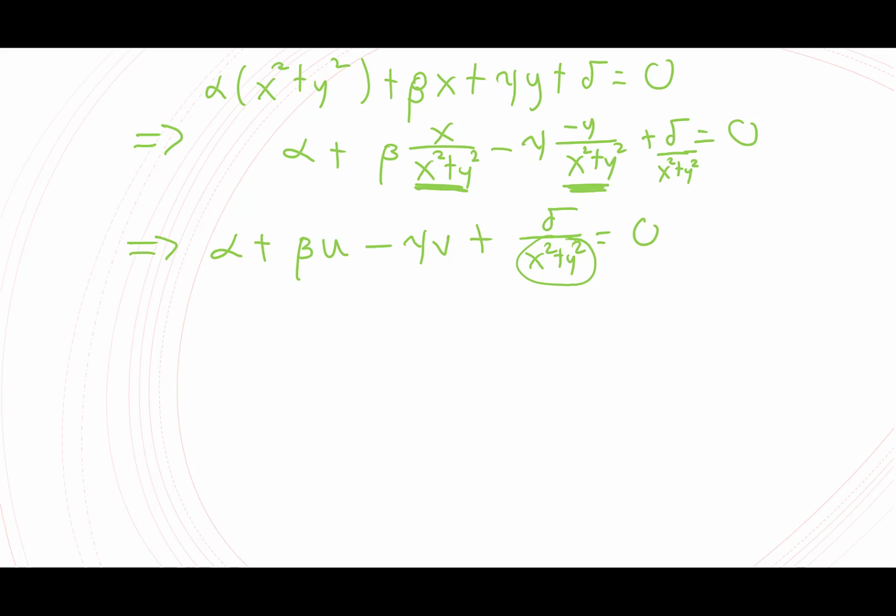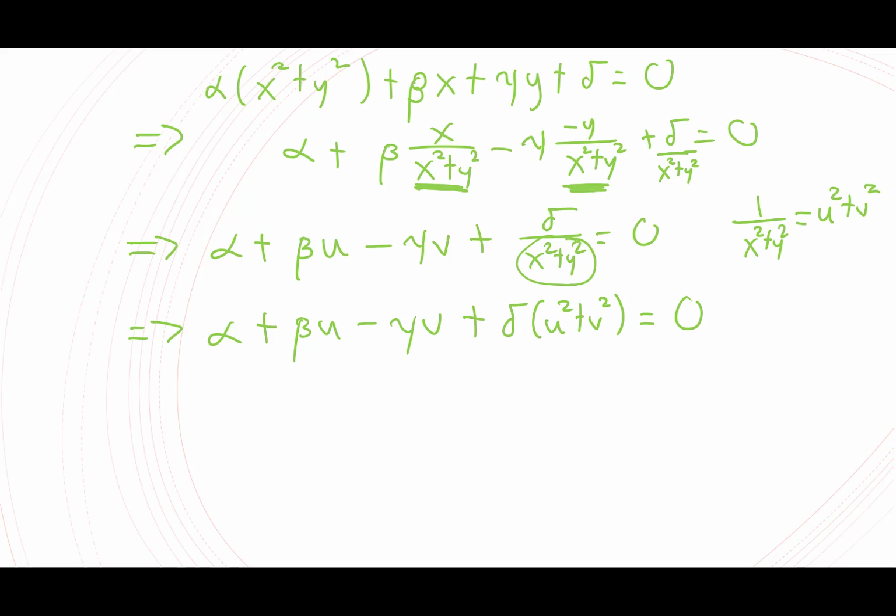That's just u squared plus v squared. So this is alpha plus beta u minus gamma v plus delta times u squared plus v squared, where I'm using the fact that 1 over x squared plus y squared is equal to u squared plus v squared. Boom. And now we're happy.